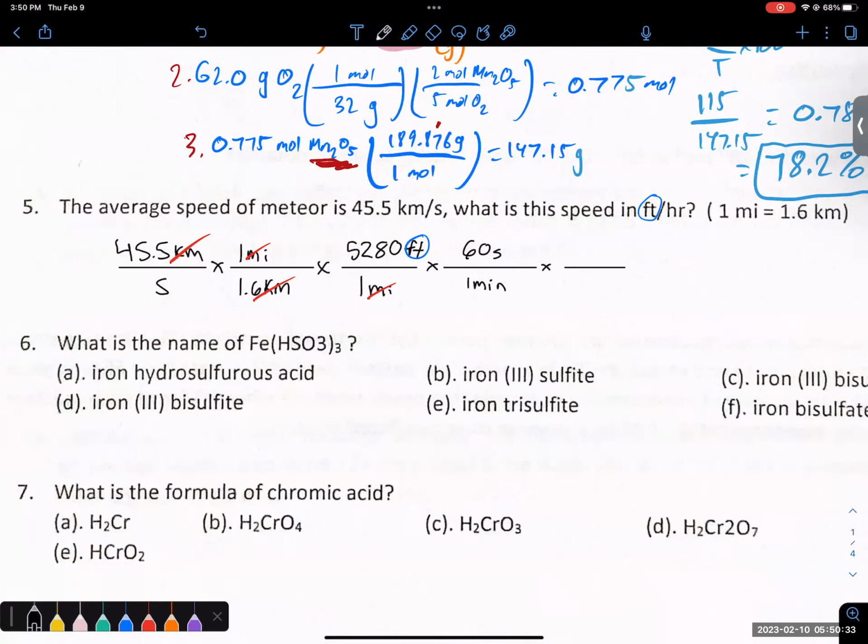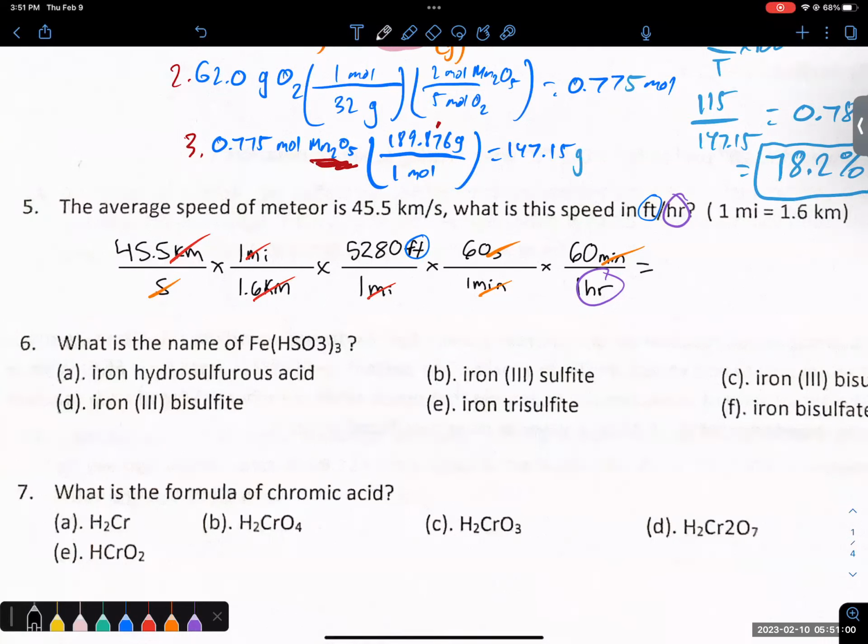But I don't really remember that. I think there's 60 seconds in 1 minute, and we know that there's 60 minutes in 1 hour. So let's check to make sure this works out in our favor. The seconds cancel, minutes cancels, and we're left with hours, which is right here. So our units are perfect.